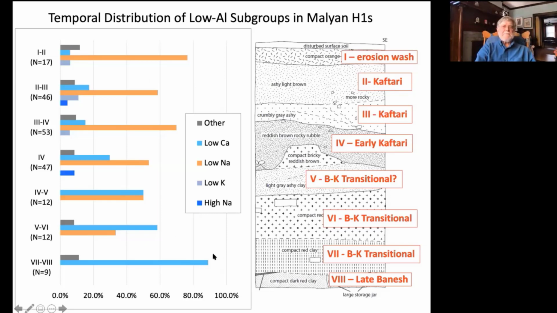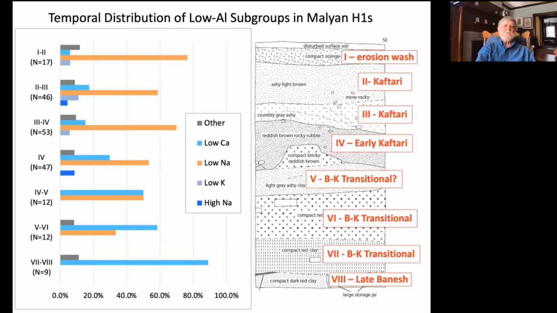Low calcium declines steadily through time. Low sodium grows slowly through time until during the main Kaftari, it's the dominant compositional group present in the H1 sounding at Malian.